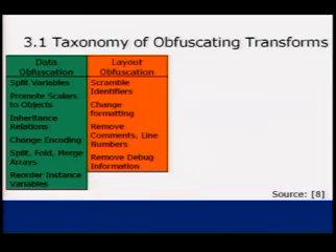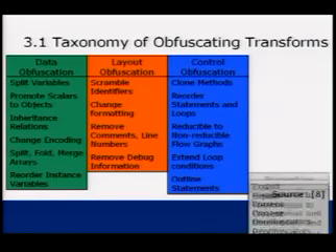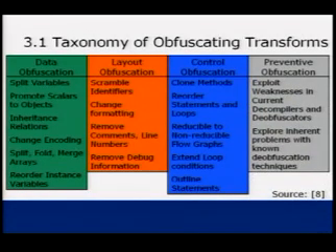You've got layout obfuscation, so scramble identifiers, formatting, etc. You have control flow, if you like, obfuscation, clone methods, reducible loop and extended loop conditions, outline statements. And finally, you've got transforms which are in place for people like you and me to make the process of de-obfuscation harder and a lot more difficult.